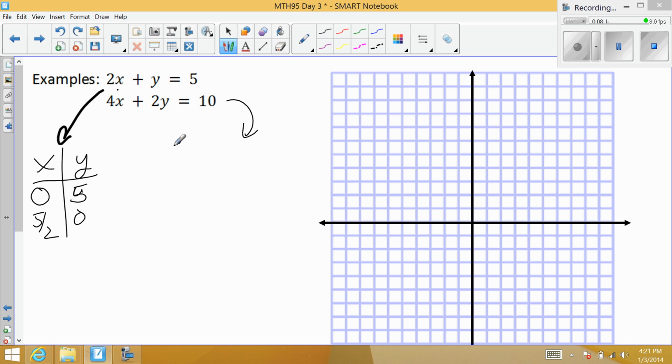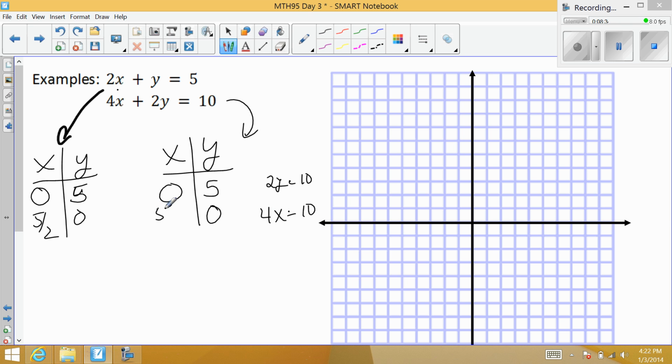And then taking this one, if I let x equal 0, that leaves me with 2y equals 10. If 2y equals 10, then y equals 5. And if I let y be 0, I'm left with 4x equals 10, which gives me x equals 10 over 4 or 5 over 2.